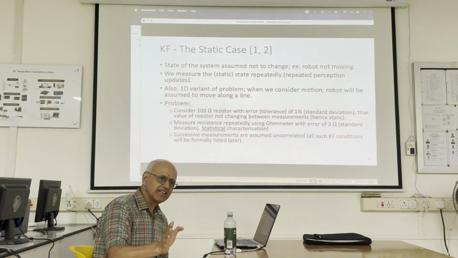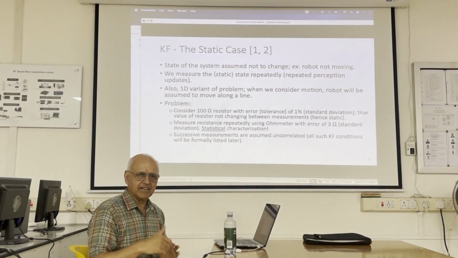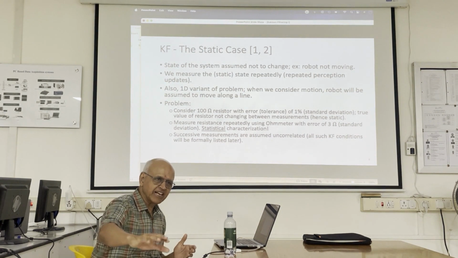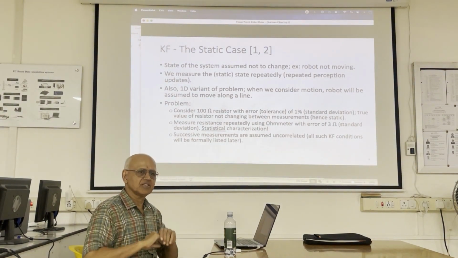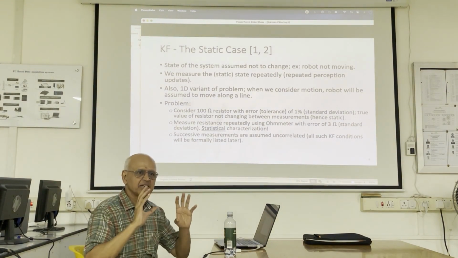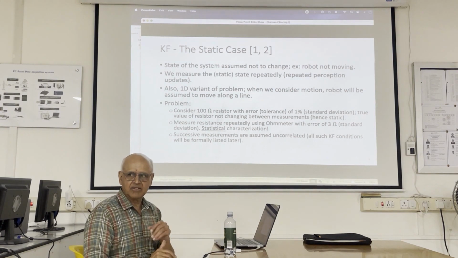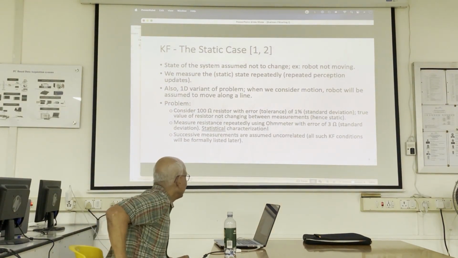We'll assume it's moving in a straight line. Right now it's not moving, so it doesn't matter. It's only in one position. But when it's moving, we'll assume it's moving in a straight line, just to keep the understanding easier. Because we don't want to jump into the multidimensional problem, the matrix formulation for Kalman. So matrices, I know, is a weak subject for many people, and so we don't want to start with that.